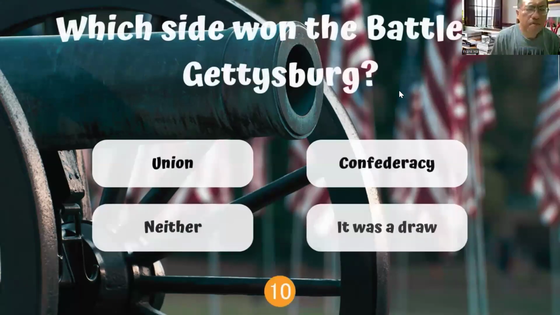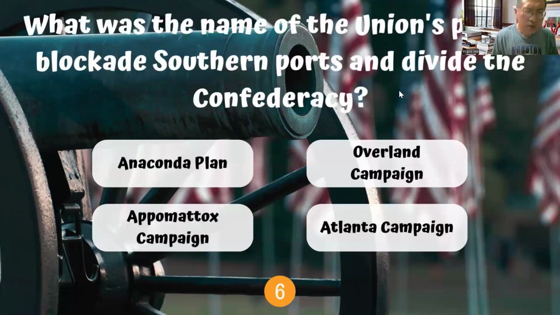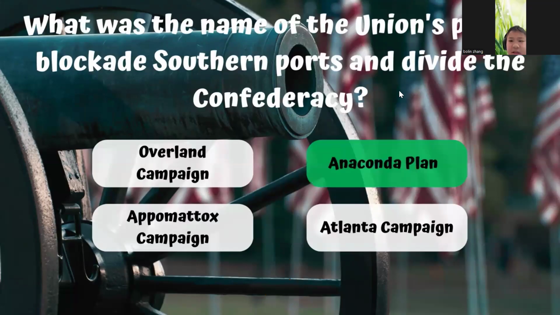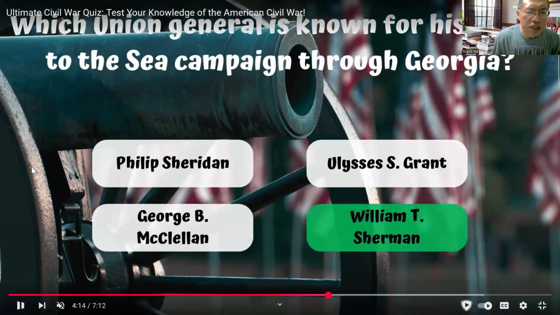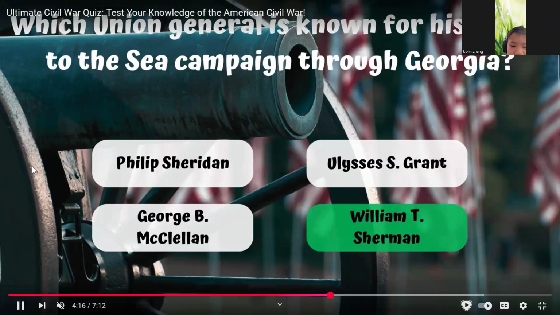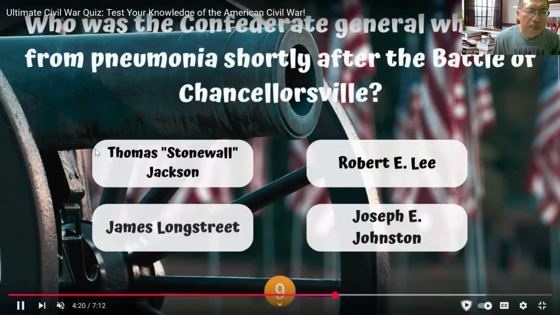Which side won the Battle of Gettysburg? Union. Good job. Marching to the sea. Who did the marching to the sea? Sherman. General Sherman's march to the sea. You guys are good.